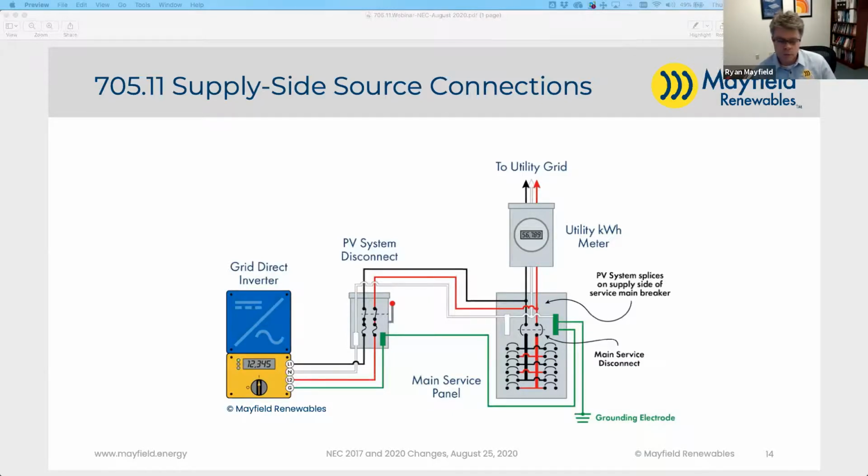Otherwise, there have been plenty of times jurisdictions require that neutral to ground bond in that PV system disconnect, and then all of a sudden we're calling that PV system disconnect a service disconnect and treating it as such. So in a lot of ways, we're already doing that. But in my opinion, this is the better way of doing these connections.